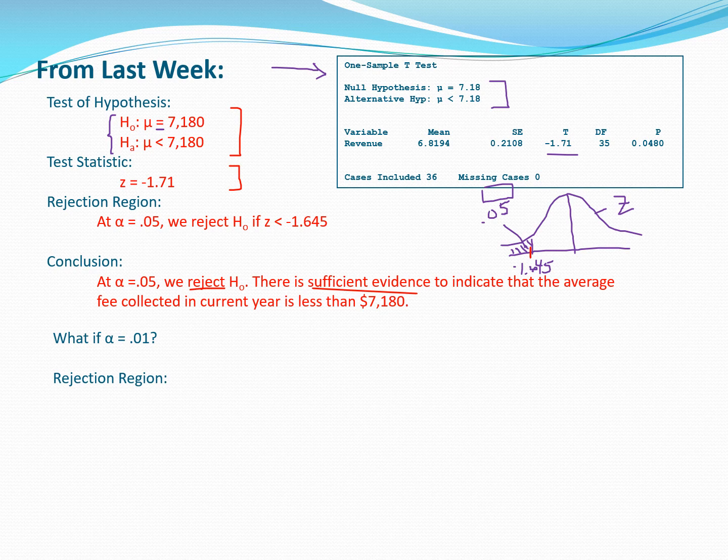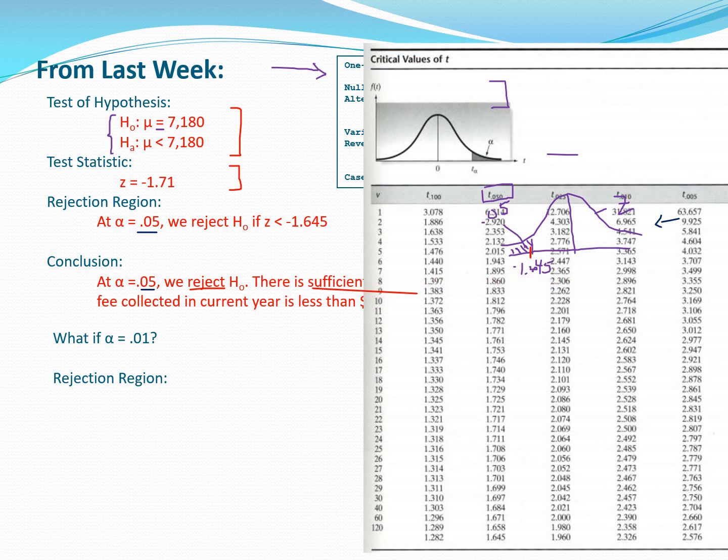Now, obviously, or maybe not obviously, I'm going to hope it's obvious, if I change the alpha, my rejection region changes. Think about the picture that I drew over here. Instead of putting 0.05 in the tail, I'm going to put 0.01 in the tail. So rather than going down the 0.05 column, we're going to come over here and go down the 0.01 column.